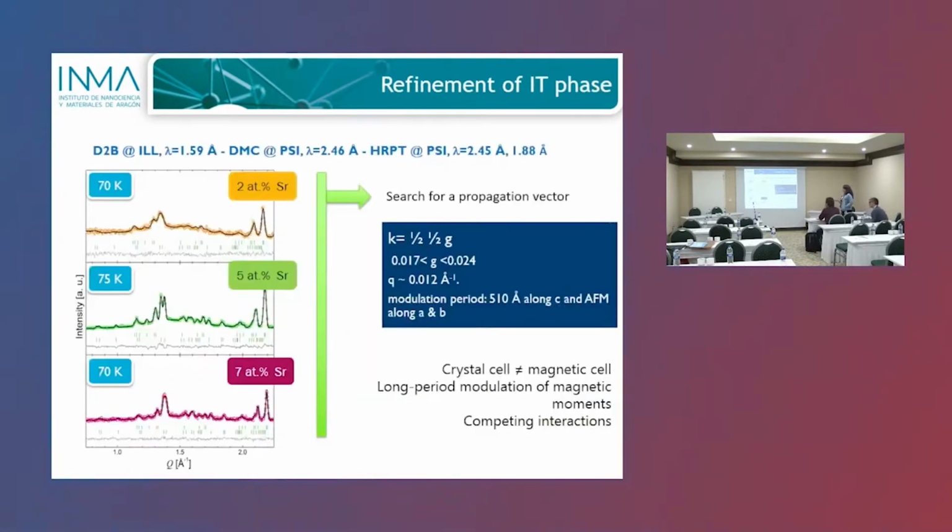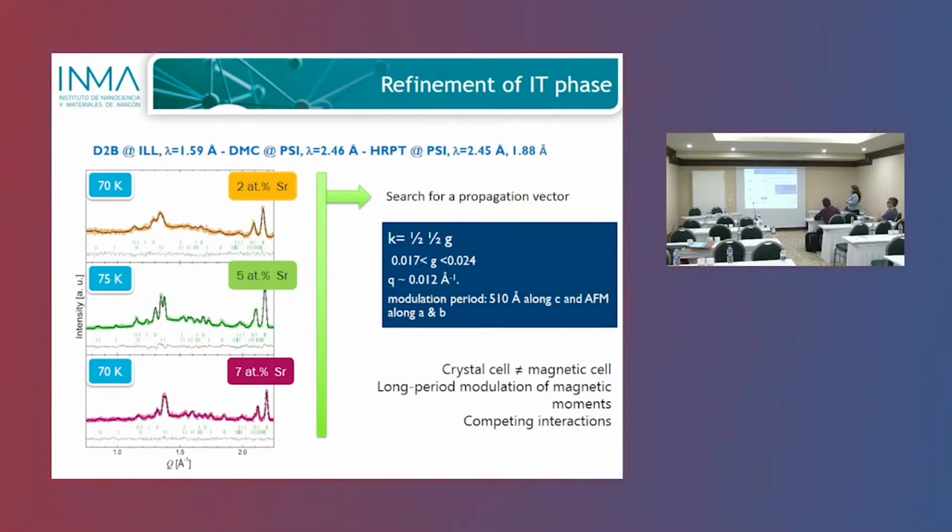We also measured the 5% and the 7%, and we observed that there were some common characteristics. We tried to fit that with the Rietveld refinement. And when you try to do that, the first thing you look for is a propagation vector to see how the magnetic structure correlates with the crystal structure.